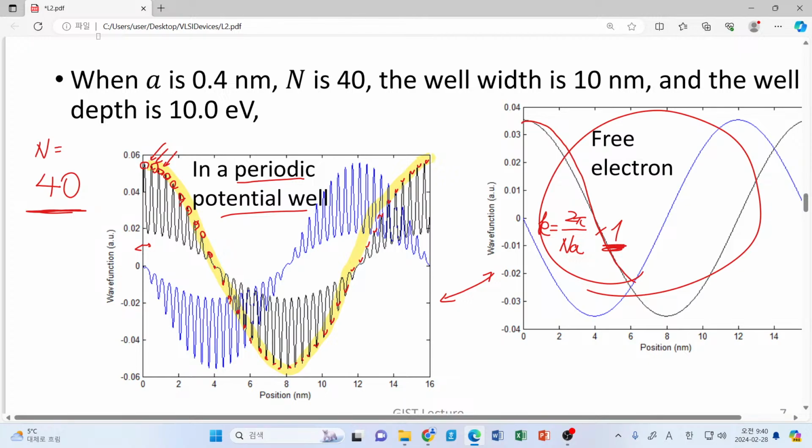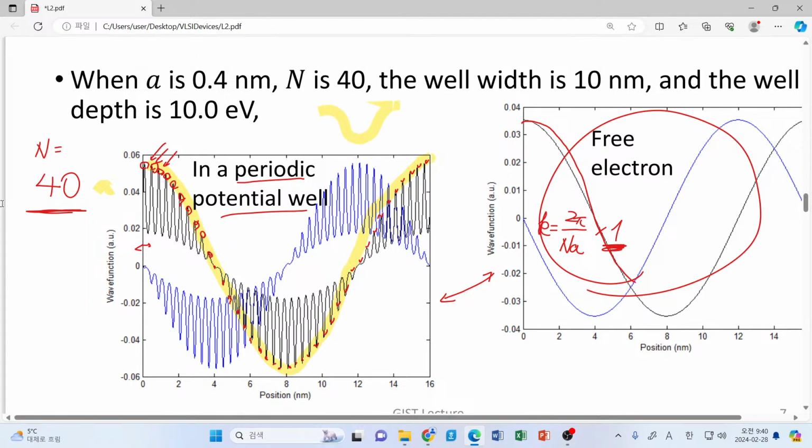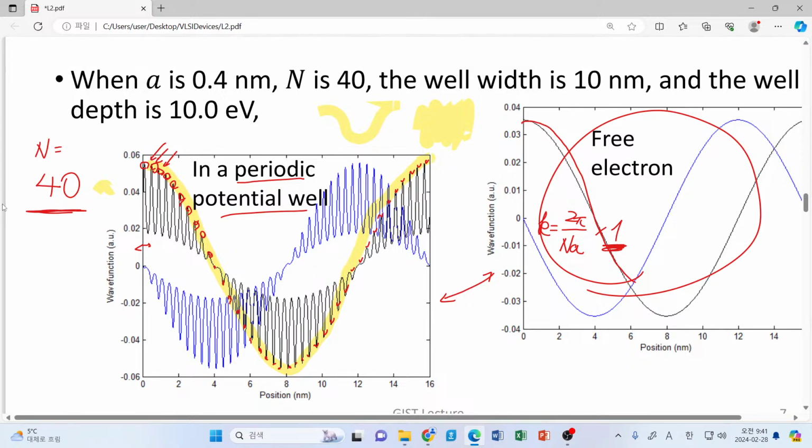So now you understand, in a periodic potential well, although our wave function is heavily affected, the impact is just a combination of our previous smooth transition and very frequent change due to the periodicity in our unit cell.